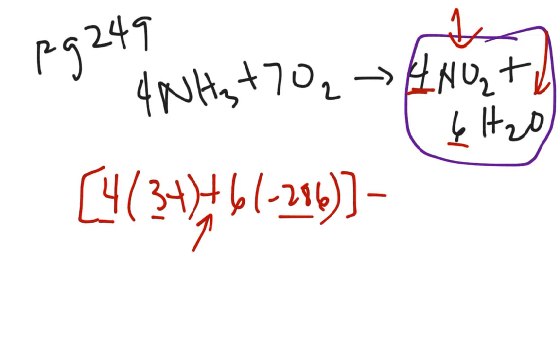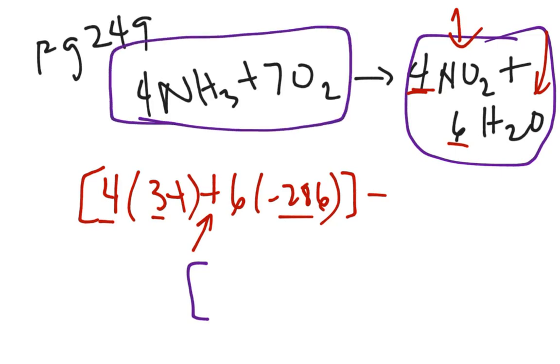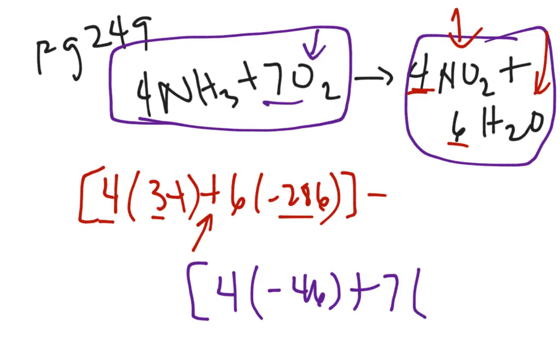Minus the sum of my reactants, with their molar ratio times their enthalpies. So for NH3 it is negative 46, and because this is O2 it is 0.